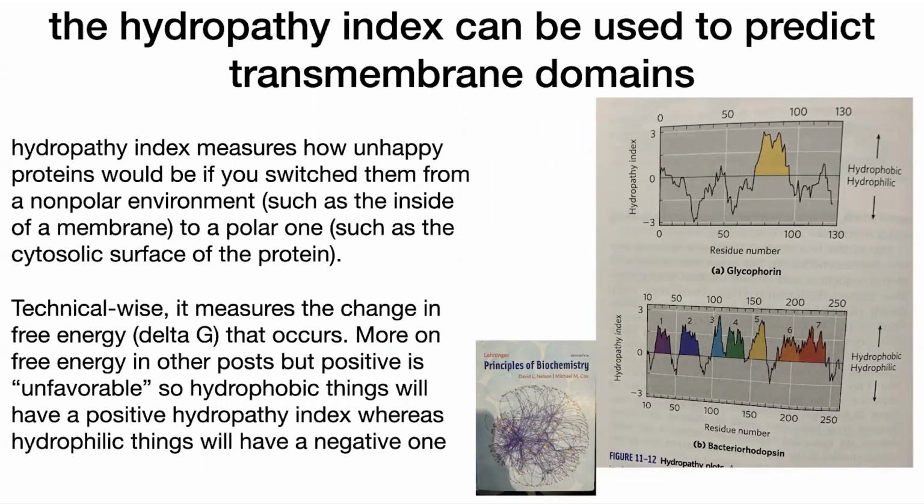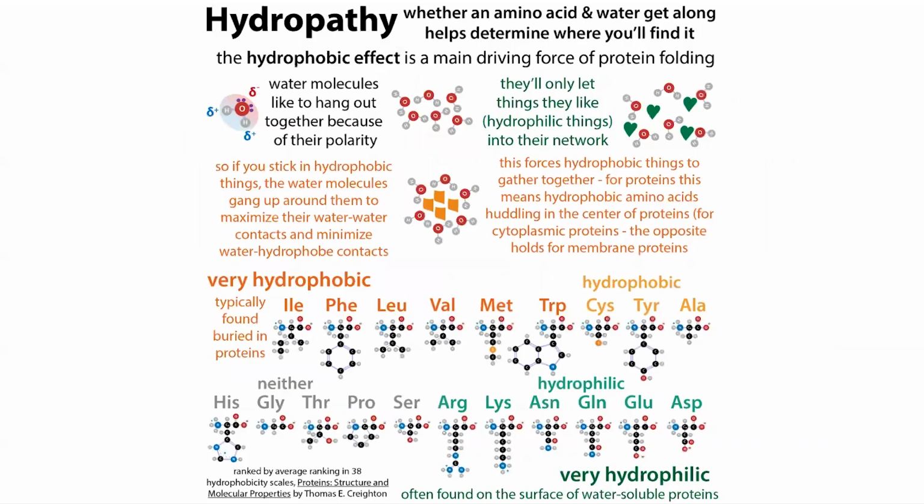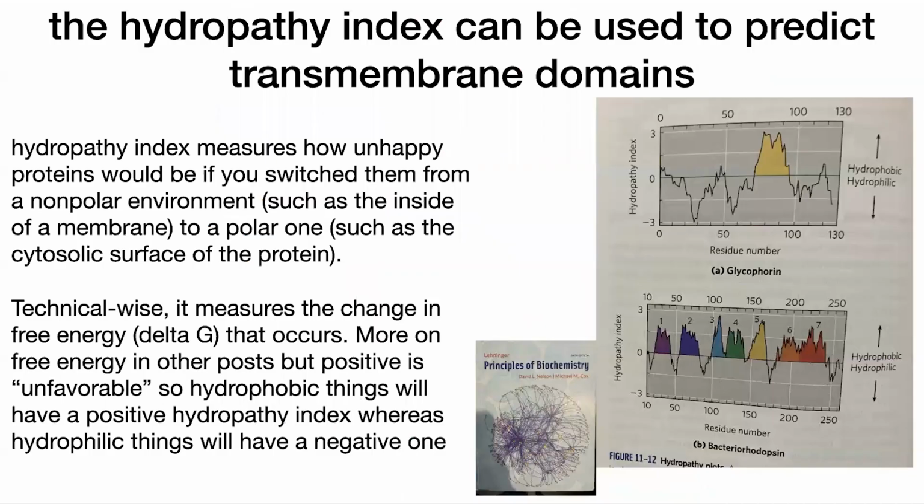So if you think about what you would expect to see in a membrane protein, what characteristics could you see from the amino acid sequence? What you would be looking for is hydrophobic amino acids, those amino acids that are going to be happy in a transmembrane domain. And the hydropathy index is going to tell you that.